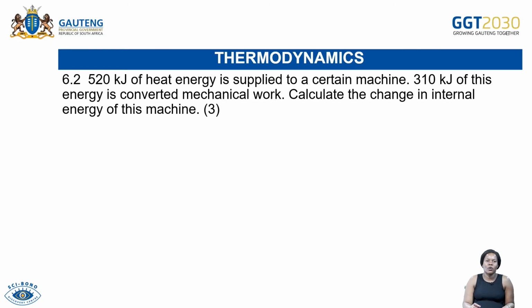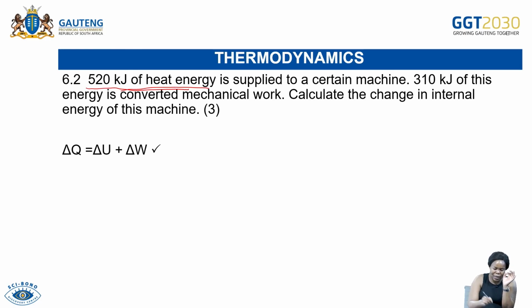Also, moving on to a different question, 6.2, it says 520 kilojoules of heat energy is supplied to a certain machine. Then of that 520 kilojoules, 310 kilojoules of this energy is converted into mechanical work. Calculate the change in internal energy of this machine. All right, so choosing a correct formula is a skill. That means that you should be able to highlight what is given to you.